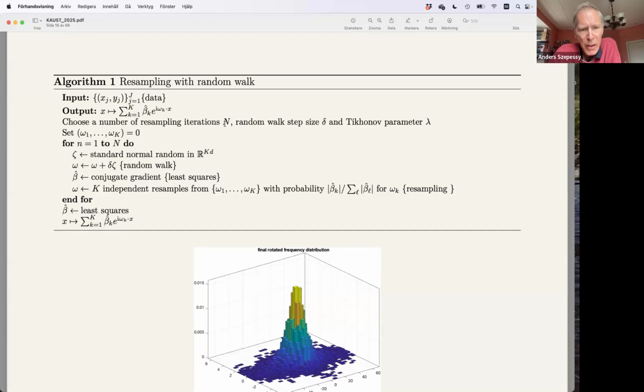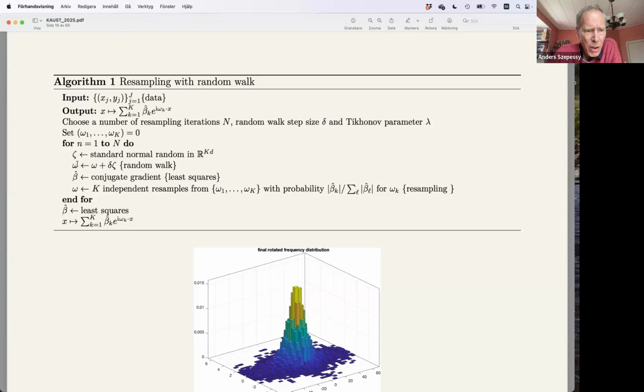So you choose a number of iterations for the resampling, a step size for the random walk, and a Tikhonov parameter value lambda. We set the initial frequencies to 0, and then we sample standard normal distributed independent numbers, zeta, and we do a random walk with the step size delta.